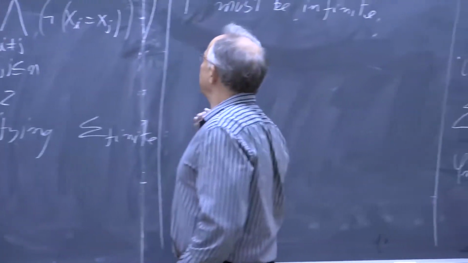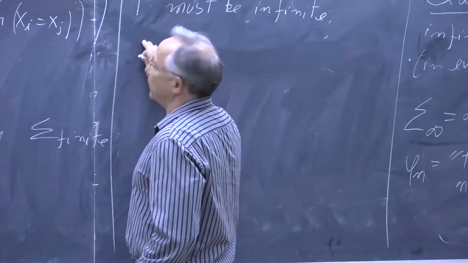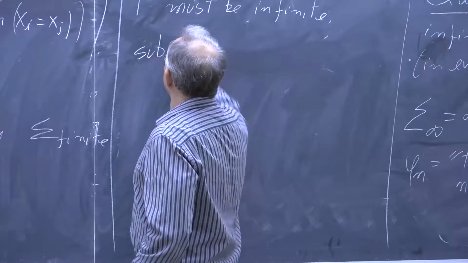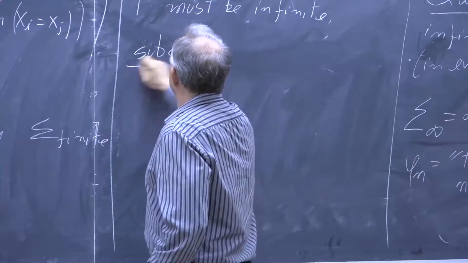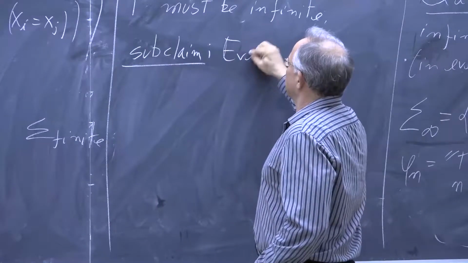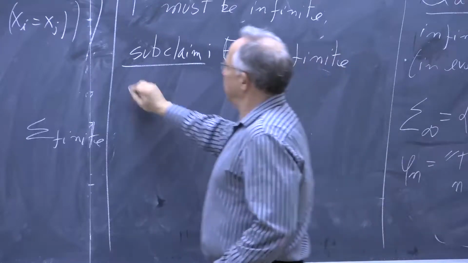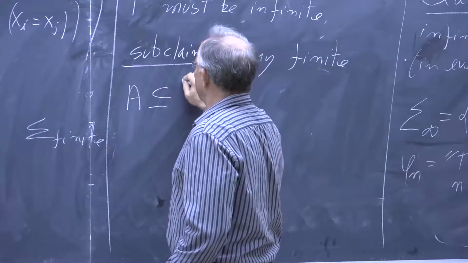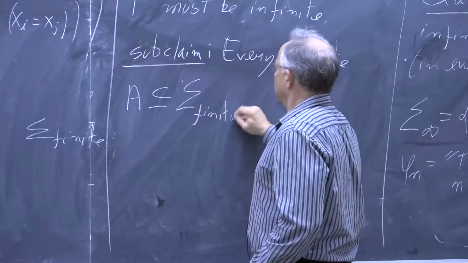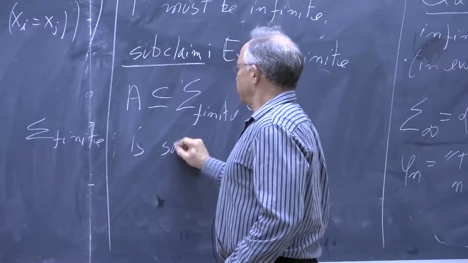So now I make this subclaim. I call the whole thing claim, so this should be subclaim: every finite subset of sigma finite union gamma is satisfiable.